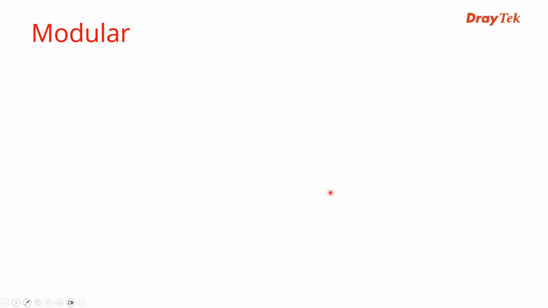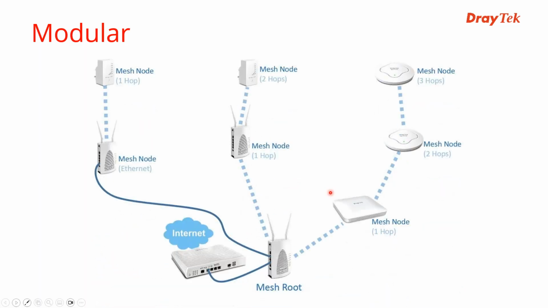DrayTek Mesh is modular. You can add or take away nodes as needed. You can also move them around if you need to once they're connected to the mesh network. In this diagram again, you can see the wireless uplinks with the hops, and here's a wired one.